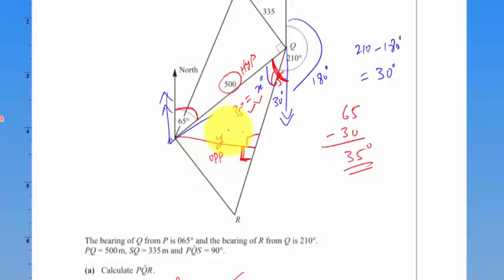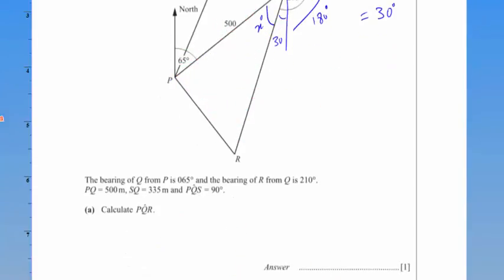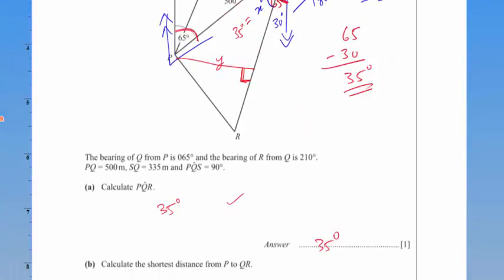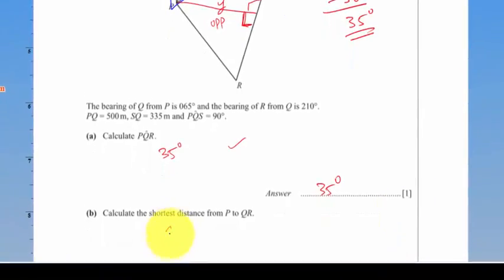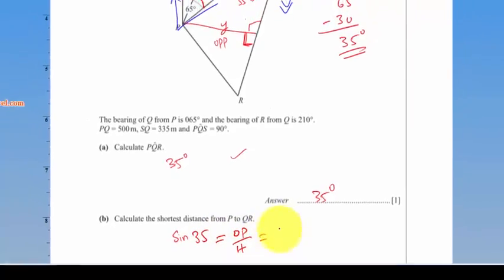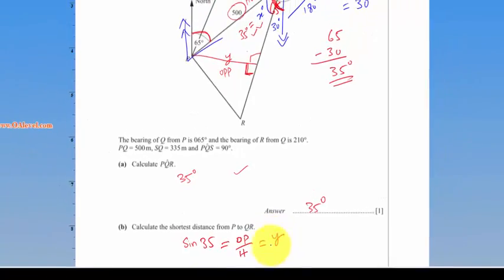This would be opposite to the given angle, so you can use sine. You can use sine 35 equals opposite over hypotenuse, and our opposite is y and hypotenuse is given 500.